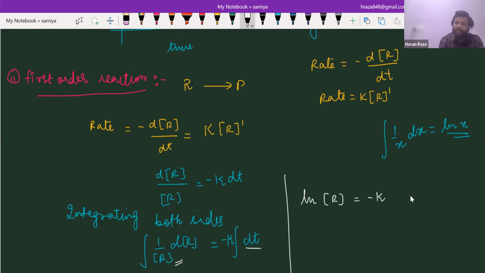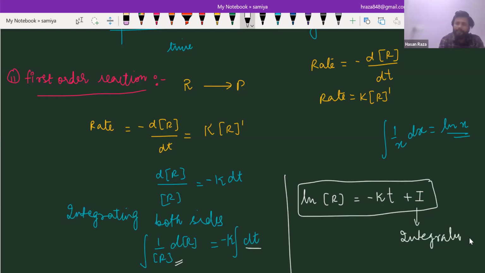So after integrating this, we will get ln R, that will be equal to minus k. What is the integration of dt? That is t, plus I, the integration constant. Please write up to this, and mark it as equation number 1.